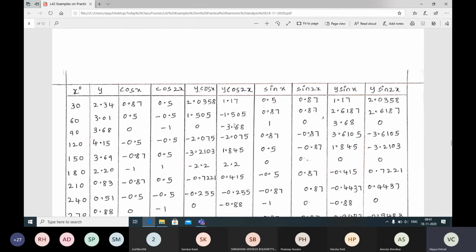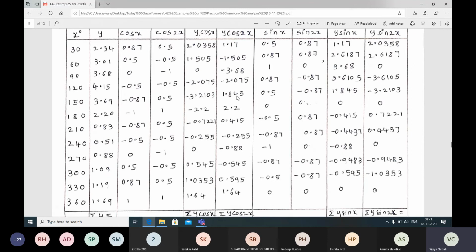Similarly, the other values are minus 1.505, minus 3.68, minus 2.075, 1.845, 2.2, 0.415, minus 0.255, minus 0.88, minus 0.545, plus 0.595, 1.64.